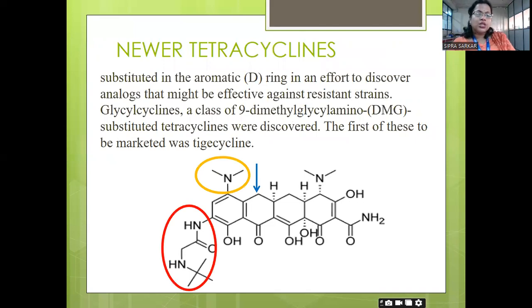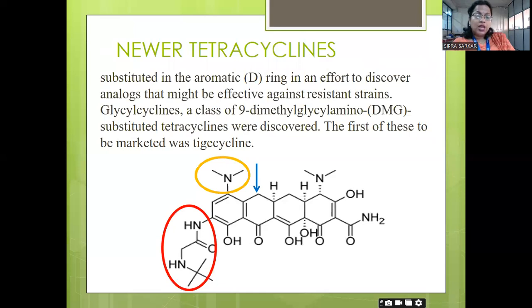Now coming to the newer tetracyclines, substituted in the aromatic ring in an effort to discover analogs that might be effective against resistant strains. Glycylcyclines, 9-dimethylglycylamine substituted tetracyclines, were discovered. The first of these to be marketed was tigecycline.